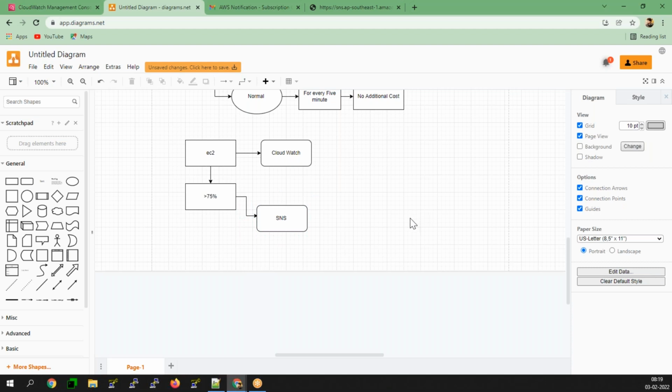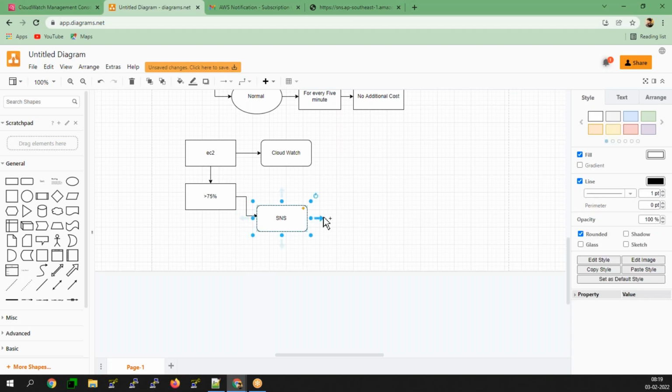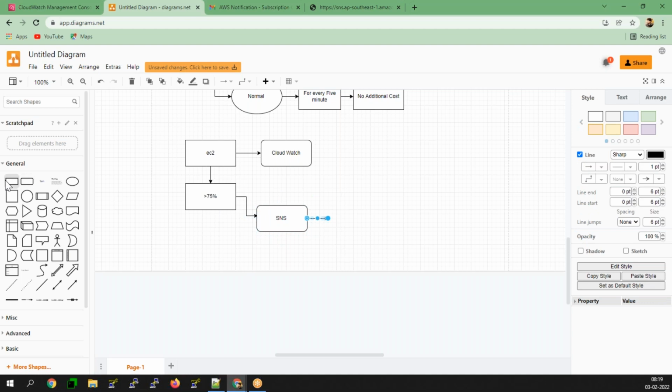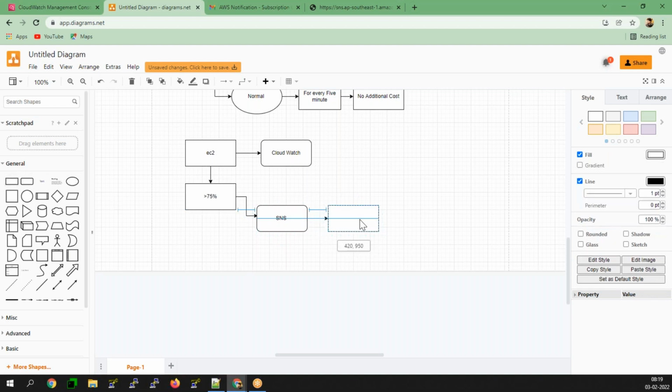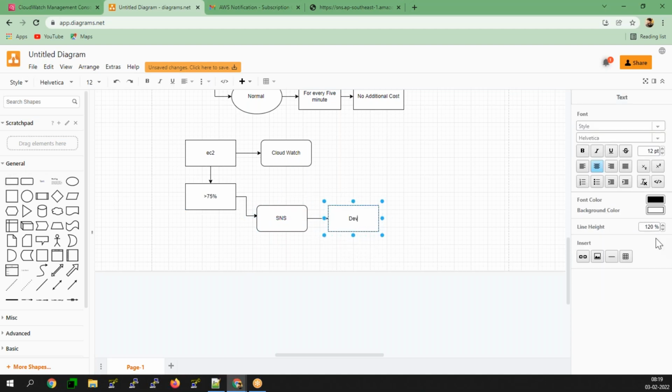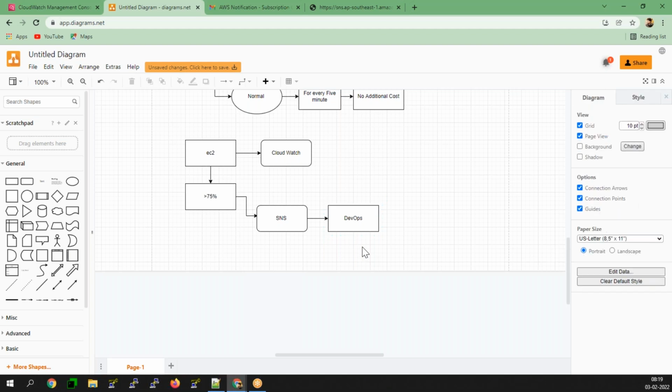You are going to get an SMS notification to your respective topic called DevOps. Whenever the EC2 instance is greater than 70%, you will get the notification to your respective DevOps topic.